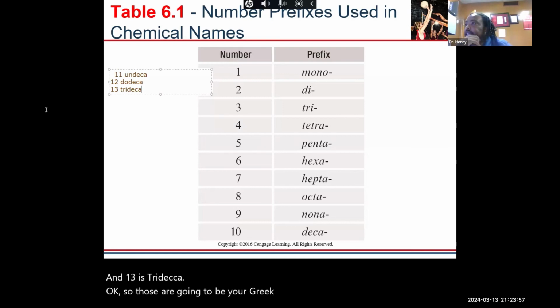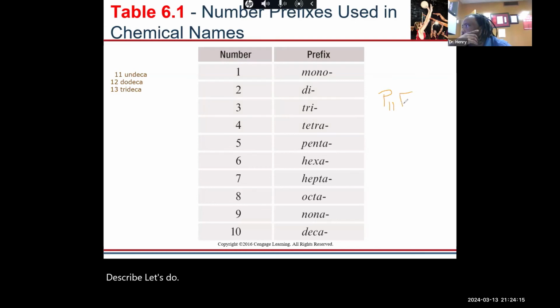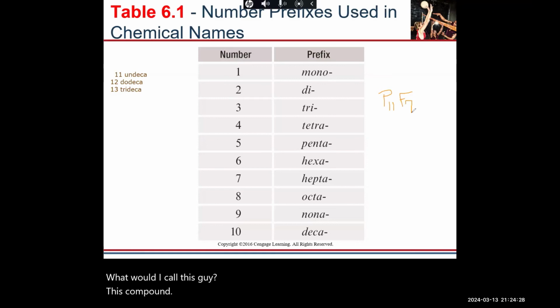So if I have something like this, what would I call this compound?